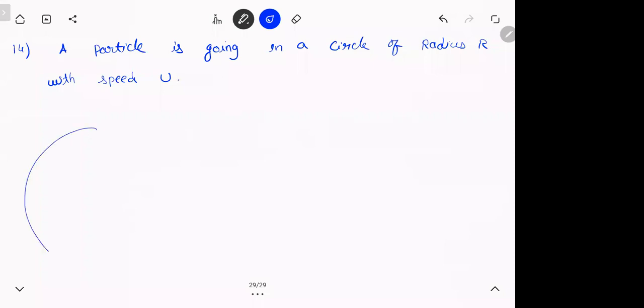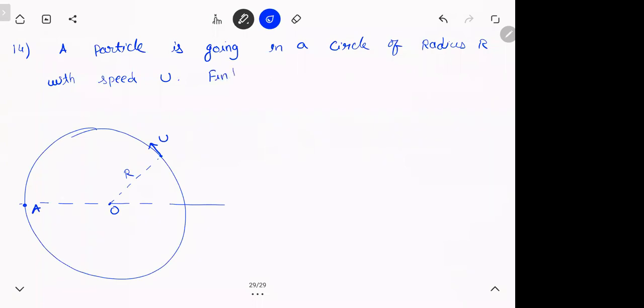A particle is going in a circle of radius r with speed u. This is the radius r and this is the reference line.